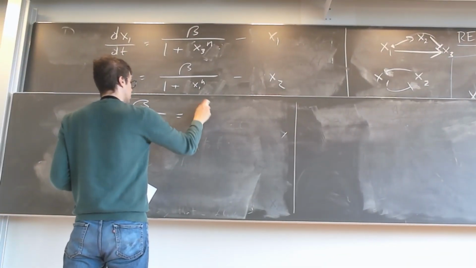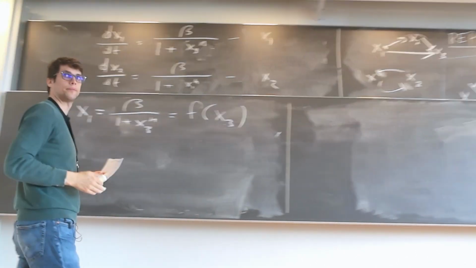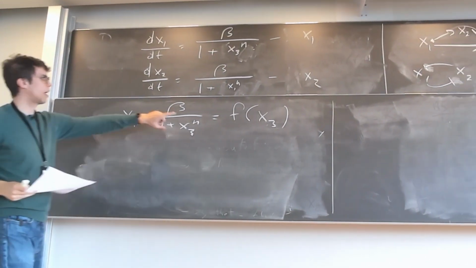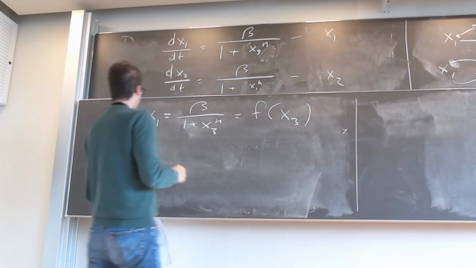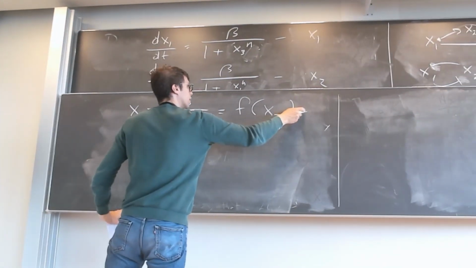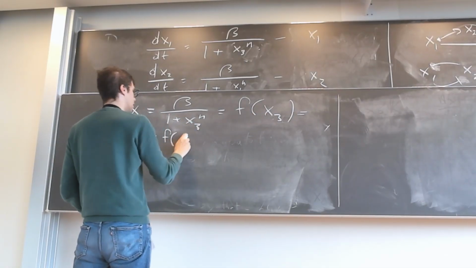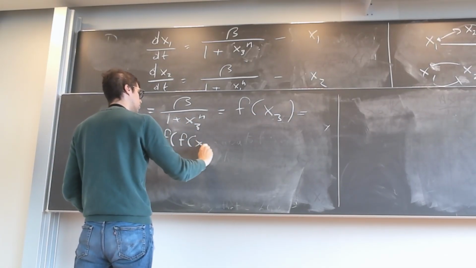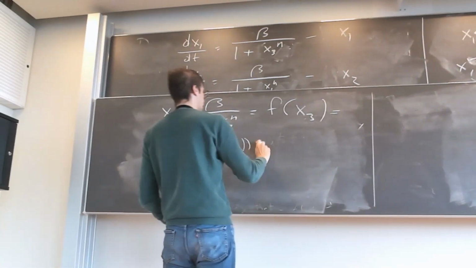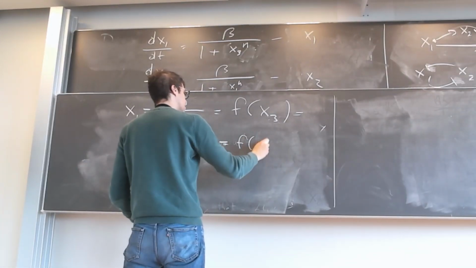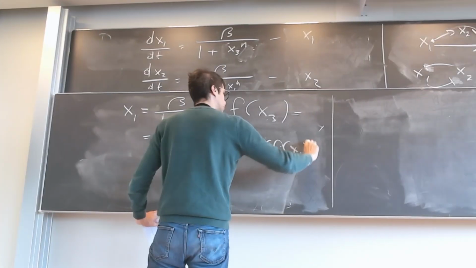So we might write this as an f of x3, where f is defined by this term. And then, of course, we have that x3 is the same function of x2, and x2 itself is again the same function of x1 due to symmetry.